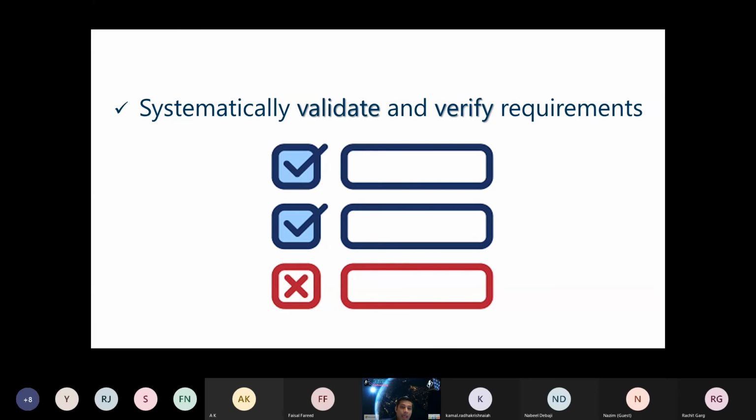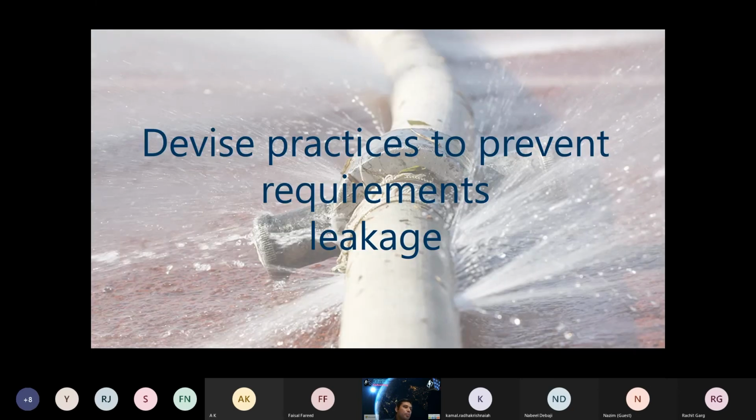So we need to devise practices to prevent requirements leakages as well. And what is a requirement leakage anyways? So often, and you might have faced this in your experience as well, during projects, consultants doing requirements gathering witness requirements originating from unofficial sources, or simply as random requests: I need this, I need that. Believe me, these leakages, even though perceived as small and hence overlooked by the best of consultants, render the process inefficient like anything.